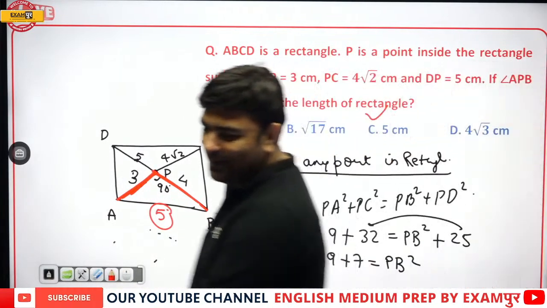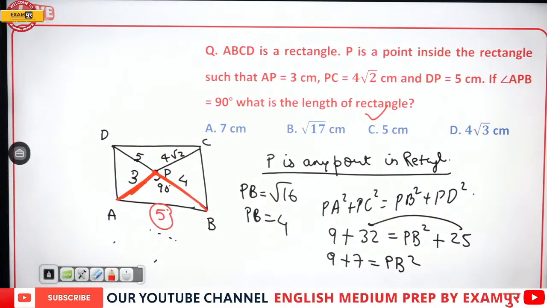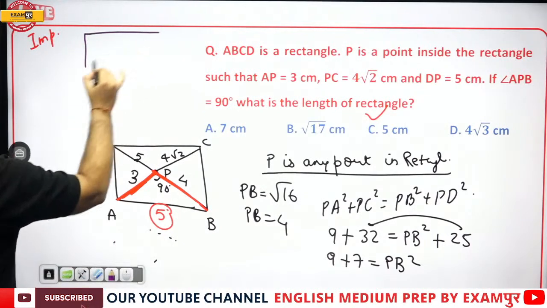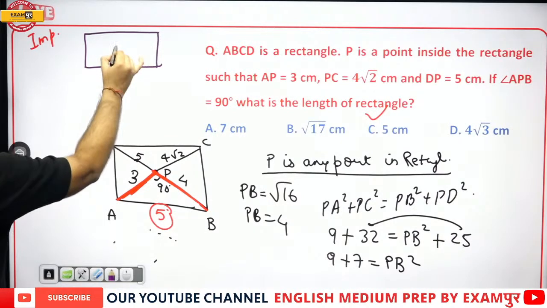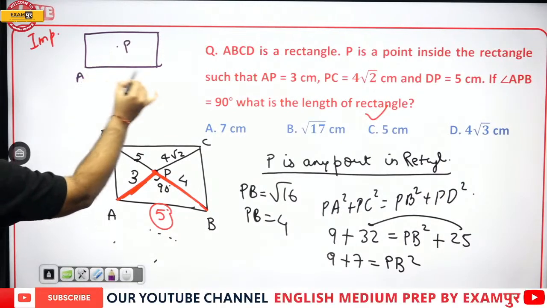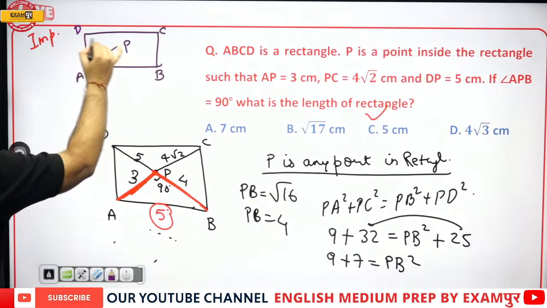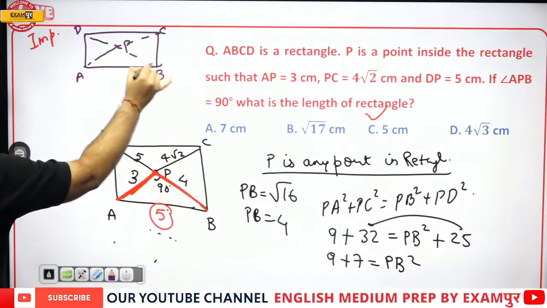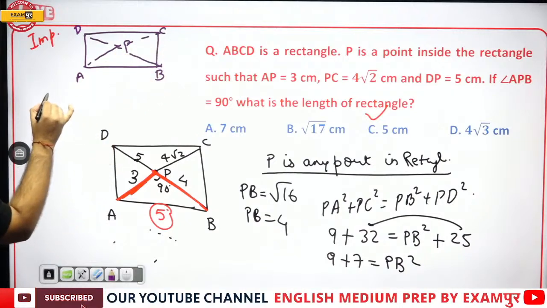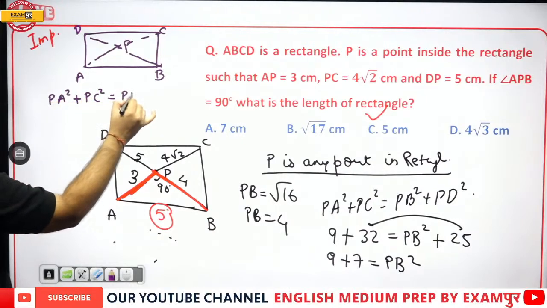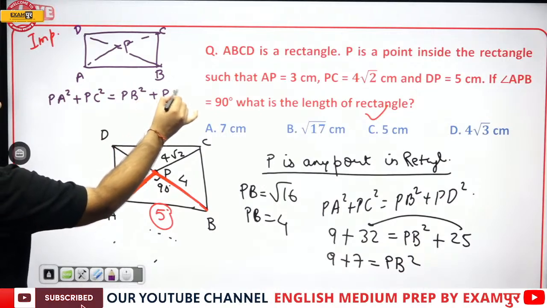Watch out. Important. In a rectangle, if P is any point inside it, then PA square plus PC square is equal to PB square plus PD square.